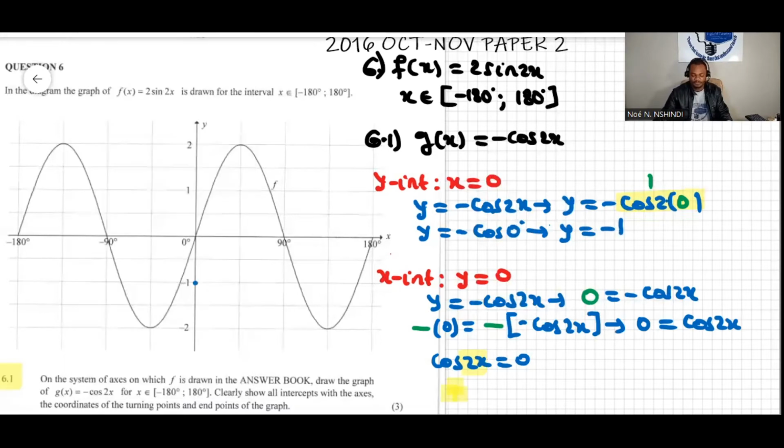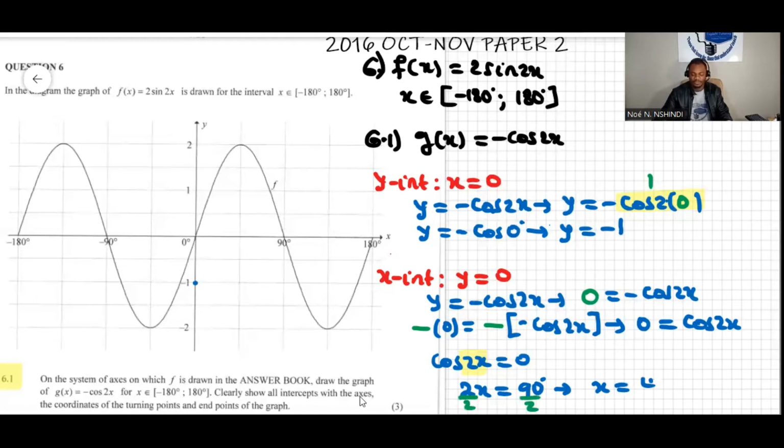Therefore 2x equals 90 degrees, which means when we divide both sides by 2, x is equal to 45.